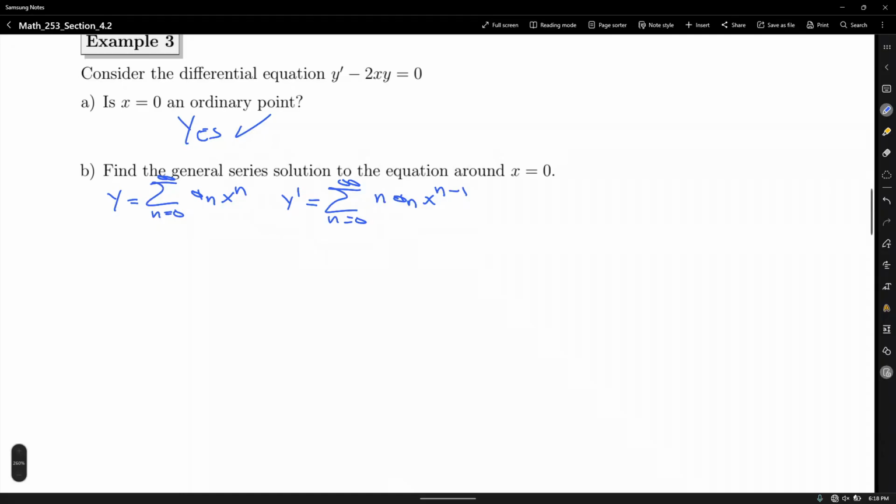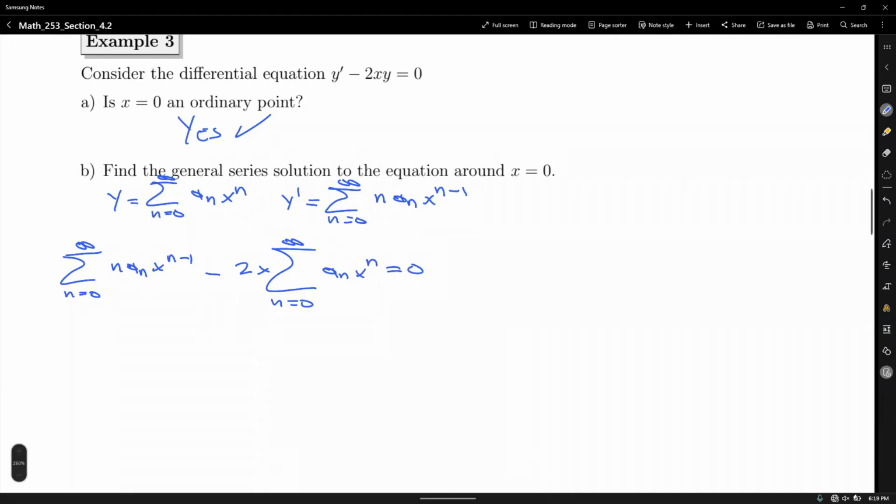Okay, let's substitute into the differential equation. Substitute sigma n equals 0 to infinity n a sub n x to the n minus 1, minus 2x sigma n equals 0 to infinity of a sub n x to the n, and let that be equal to 0.